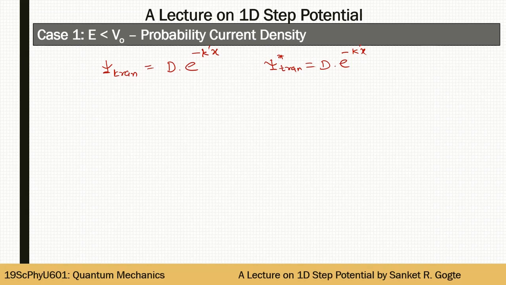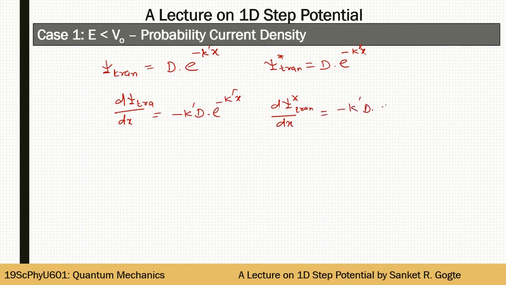So basically psi transmitted and its complex conjugate are the same, and therefore if you calculate d psi transmitted by dx, it is equal to minus k prime d into e to the power minus k prime x, and d psi star of the transmitted wave function by dx is also the same, minus k prime d e to the power minus k prime x.